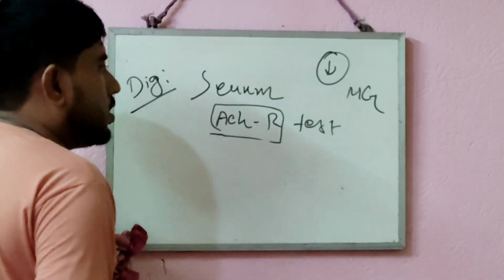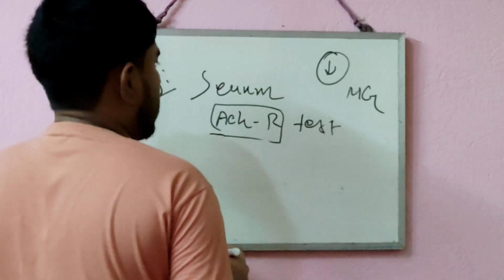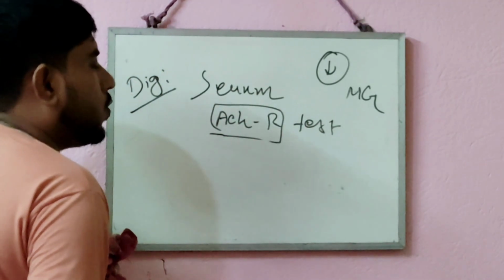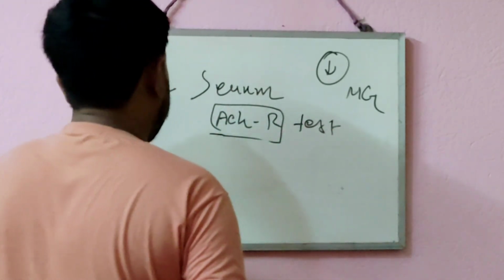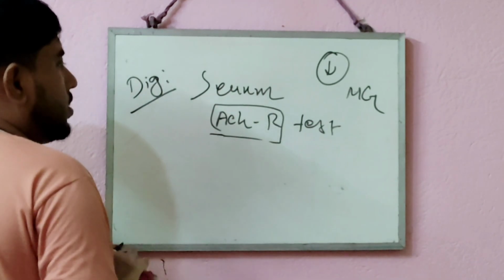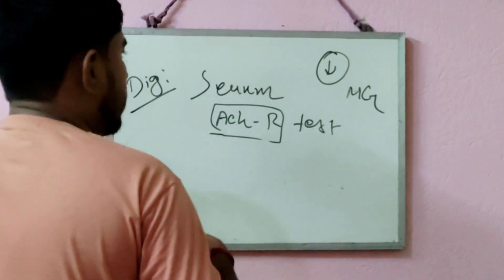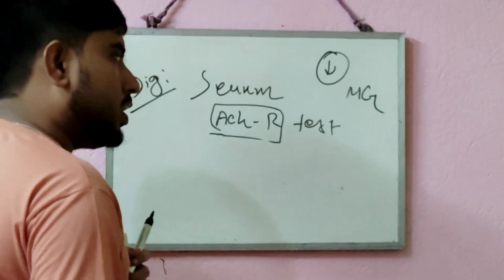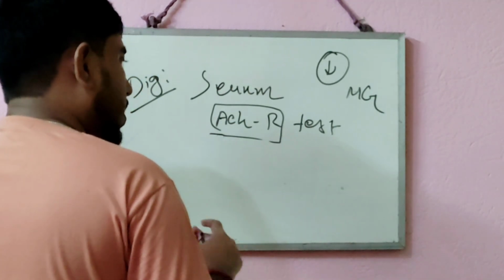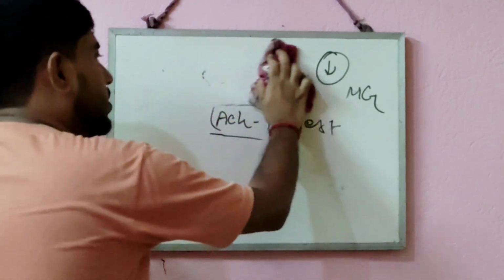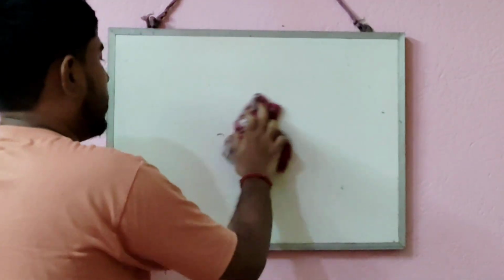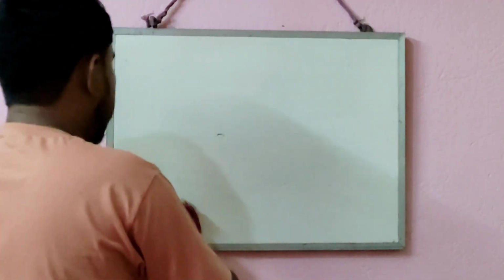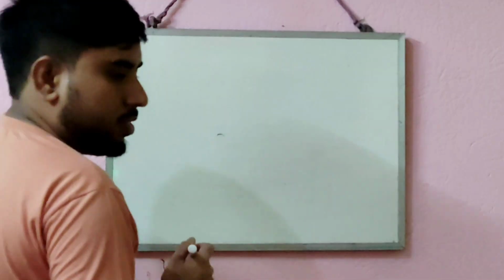So the diagnosis test for myasthenia gravis is the serum acetylcholine receptor test. That is the diagnosis process of proving that the particular patient is really suffering from myasthenia gravis. Then we can pursue the treatment of myasthenia gravis.